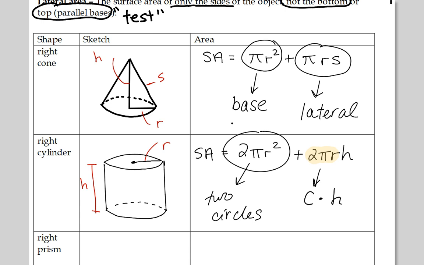So it's the circumference multiplied by the height. If you unraveled this soup can, the label, what shape would it make if you unraveled it? It would make a rectangle. And then you have a length multiplied by a width, but the length is the circumference, which is 2 pi r. So that's where that comes from.